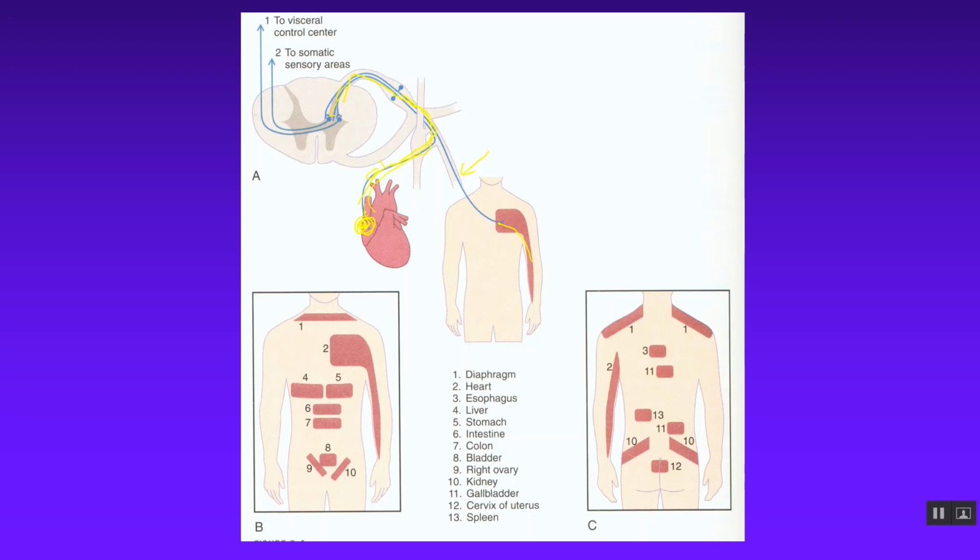Those are coming in, and they're coming in the back part of the spinal cord. Their cell bodies are in the dorsal root ganglia, but you also have C fibers, pain fibers coming from this dermatomal region of your body that are coming in that same place. And because these are all coming in and delivering their information in the same region, the dorsal horn, you might get a little crosstalk, and you might have that referred pain where you perceive the pain coming from that region of your body.